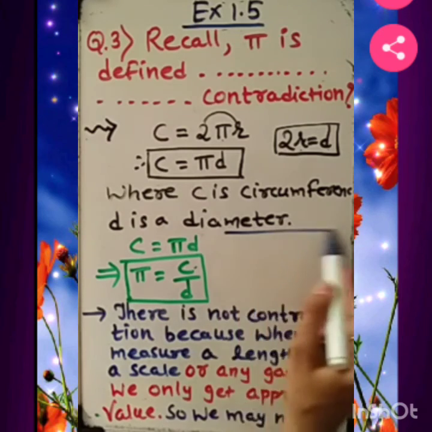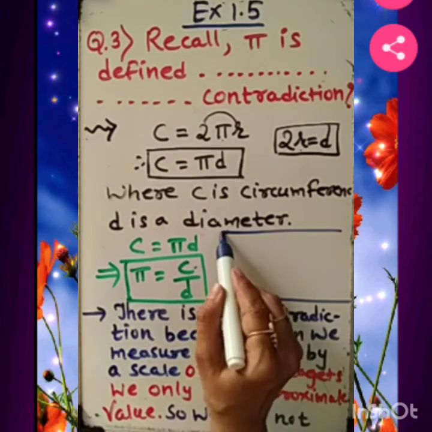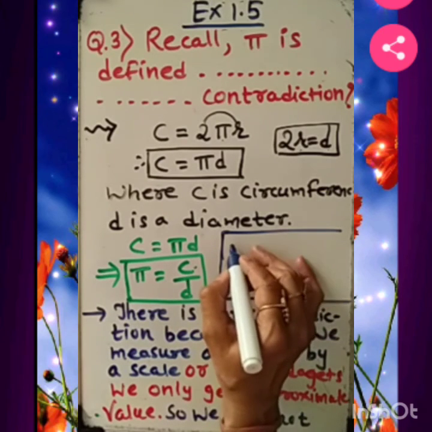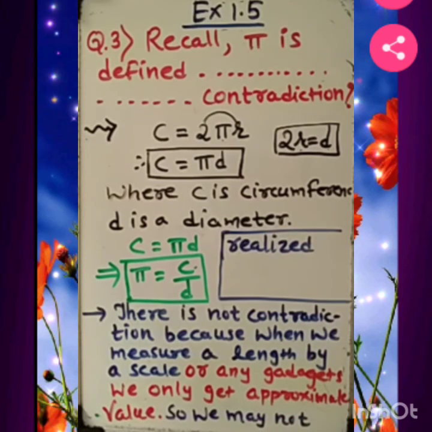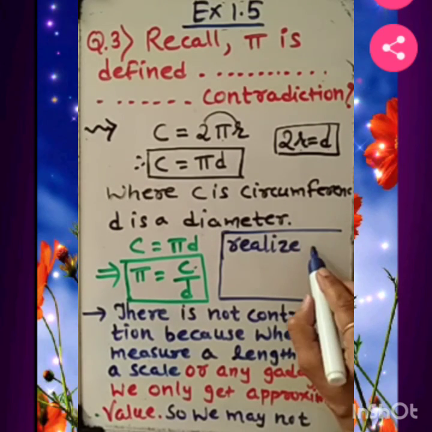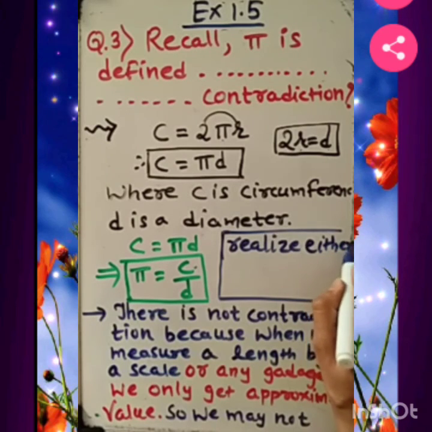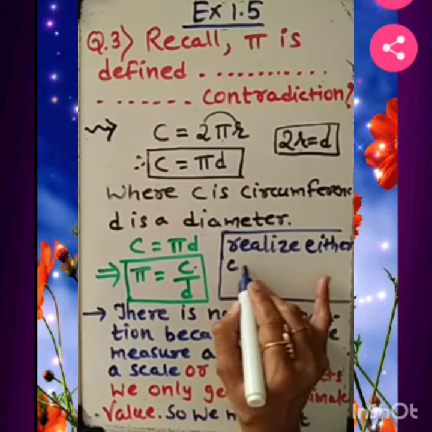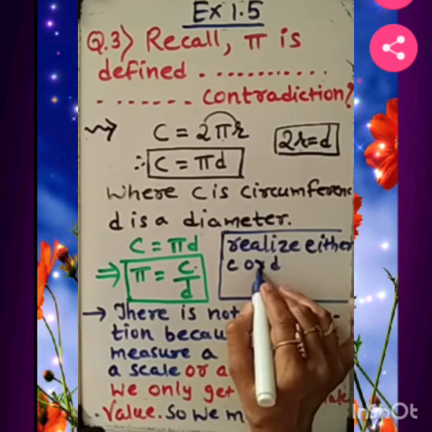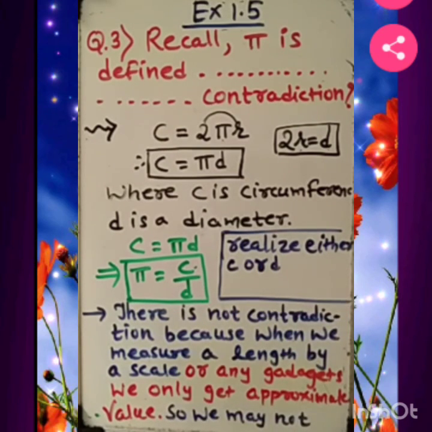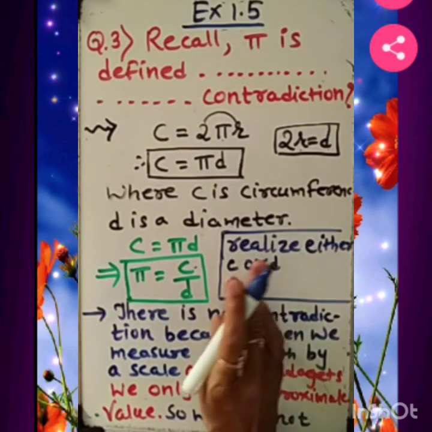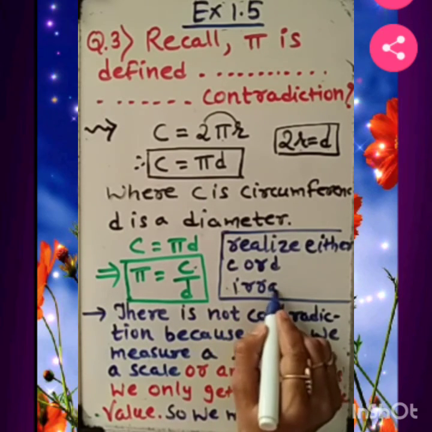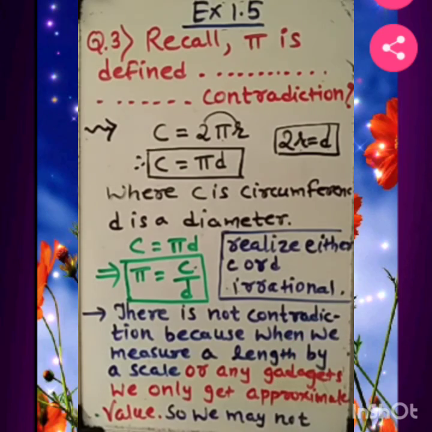Here I am writing the rest of this sentence: we may not realize, either C, what is C, circumference, or D, which of them is irrational. It means out of these two, we are not able to say which one is irrational. Okay, so this is the solution of the question number 3.